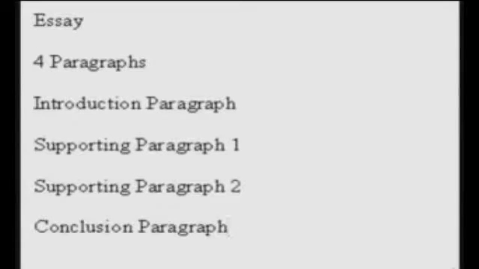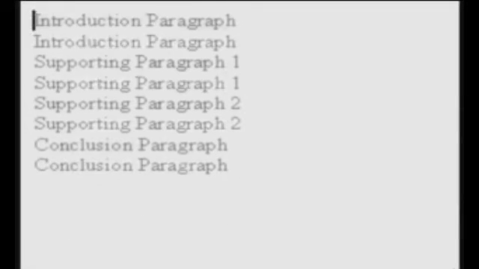Supporting paragraph 2 gives different evidence that also supports what we said we'd argue in the introduction. Our conclusion is basically a summary and a restatement of what we have talked about and hopefully proven in the essay.